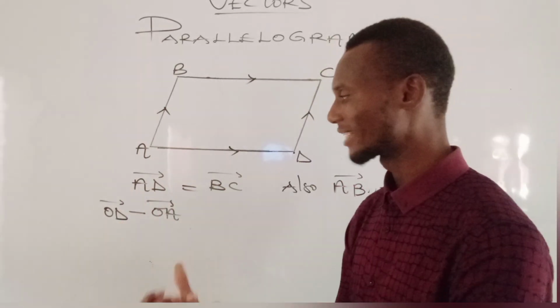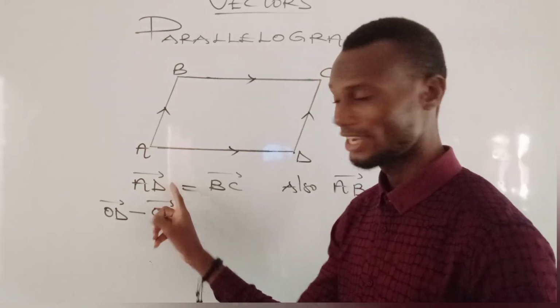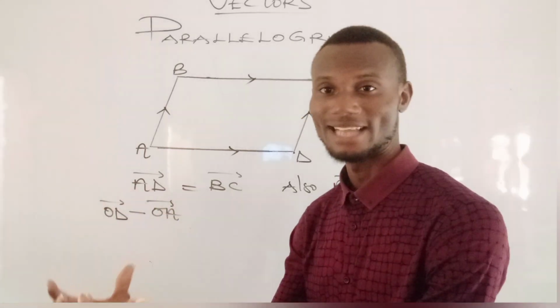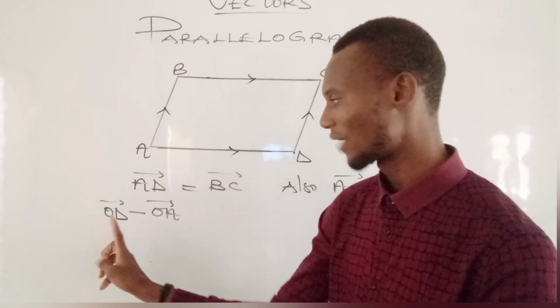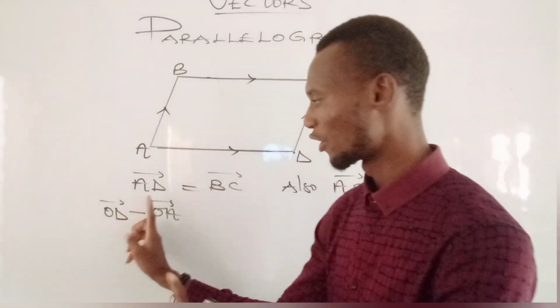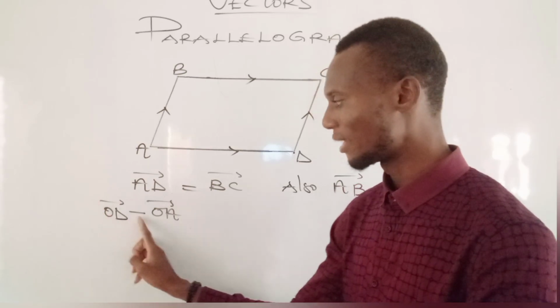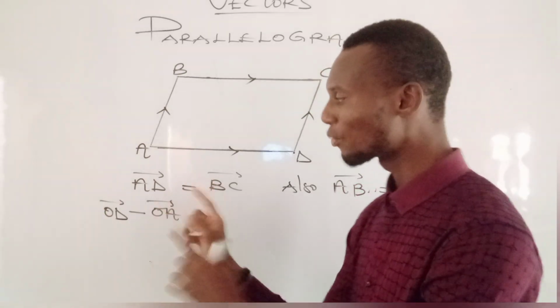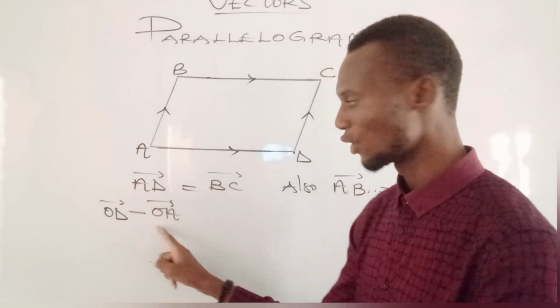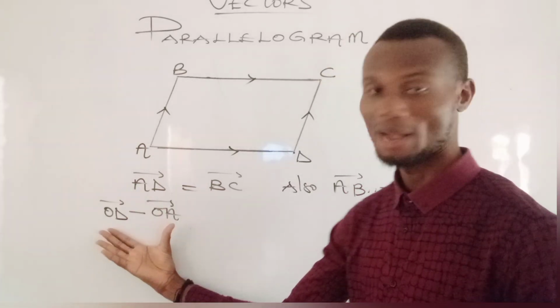The position vector of the last letter, D, is going to be OD, a vector which starts from the origin. That's why we have the O here, to indicate that it starts from the origin. Then you bring your D. So OD minus the position vector of the first letter, which is OA. That's why I'm having this.